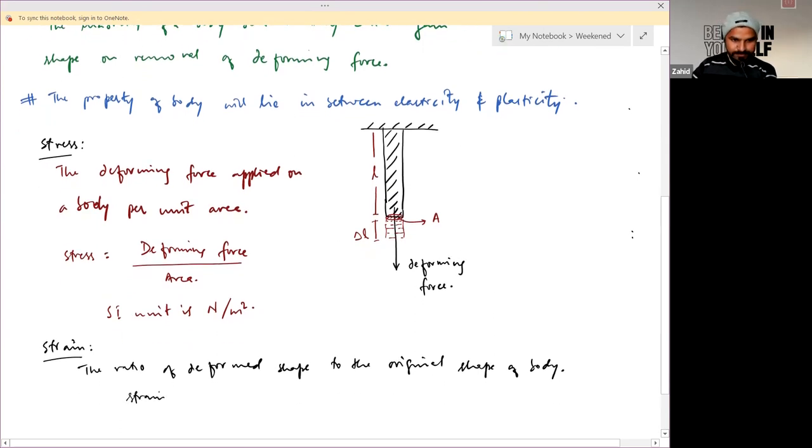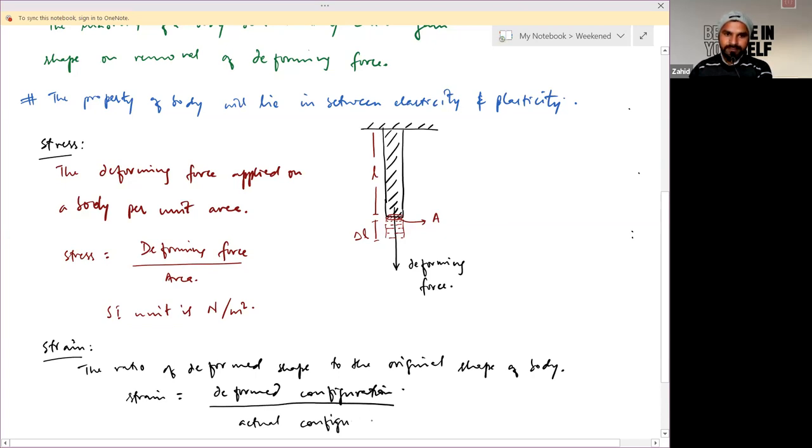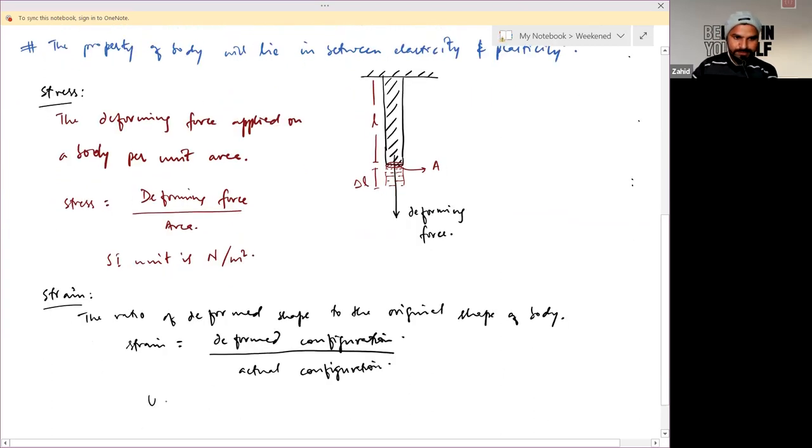So strain equals the deformed configuration, whether it be along length, angle, area, volume, or any deformation, divided by the actual configuration or shape of that particular object. In numerator and denominator we have the same quantity, so it will be a unitless quantity.